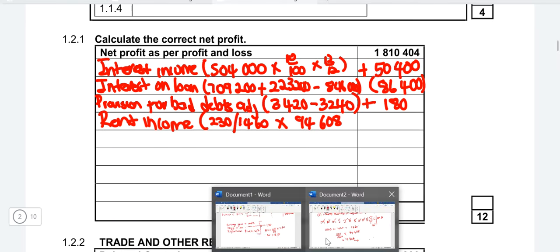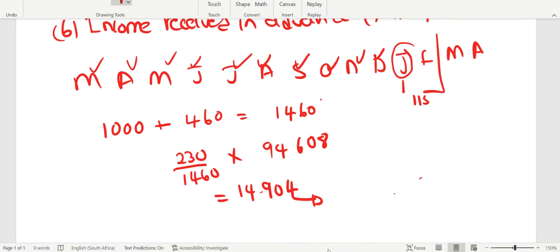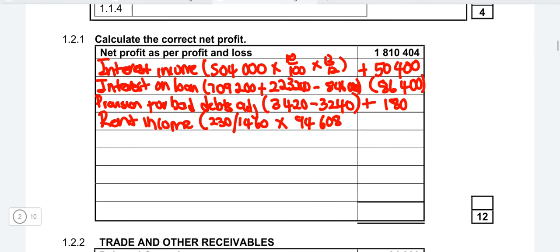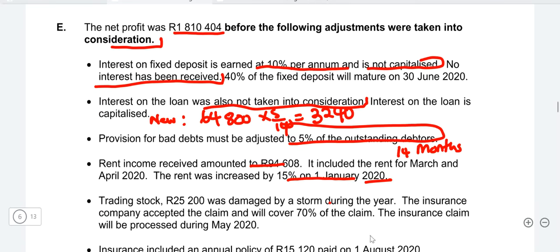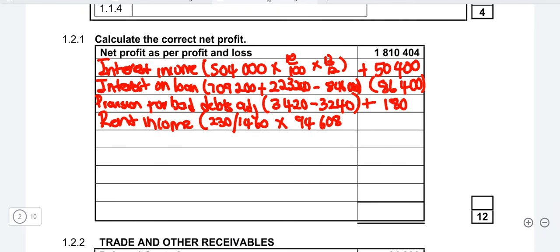Let me just check something. 94,608. So that is the information that we have recorded. You are going to show it like that, and then you are going to earn marks for showing this calculation.